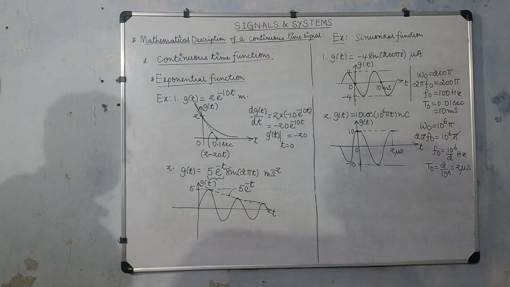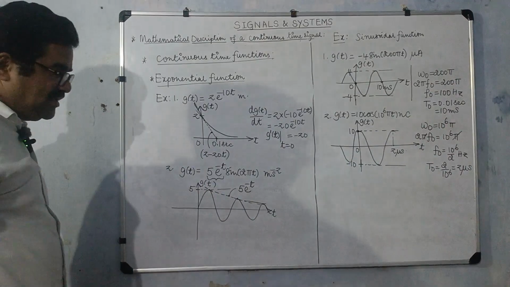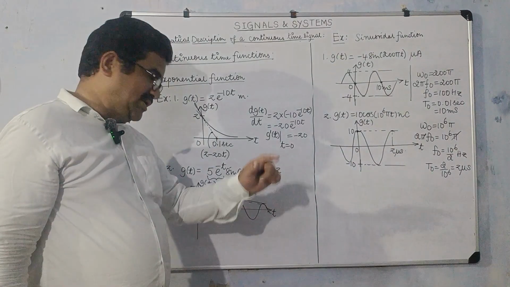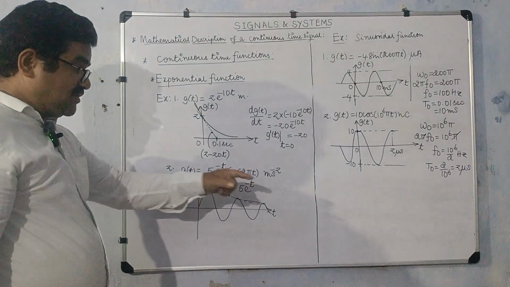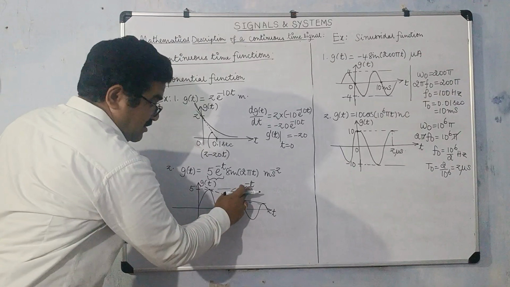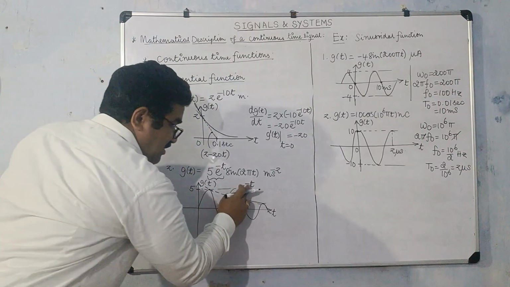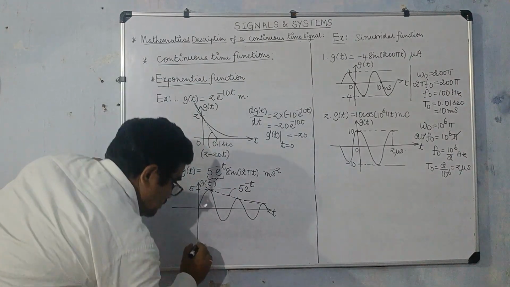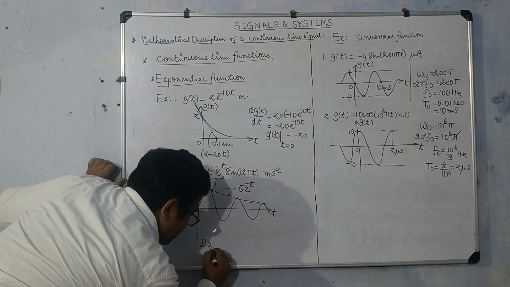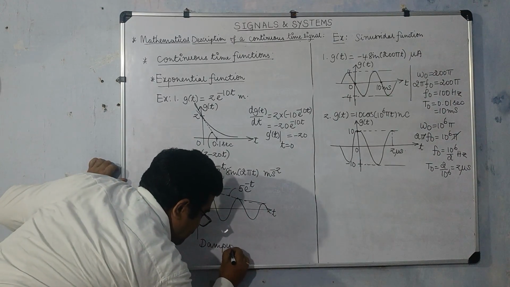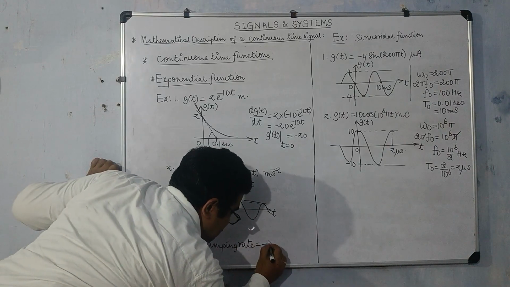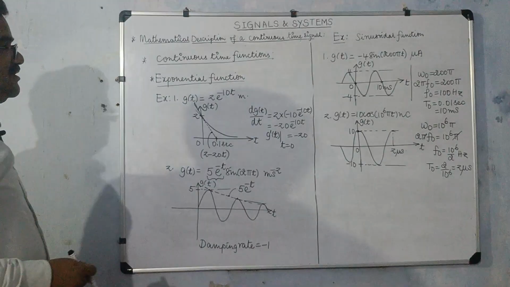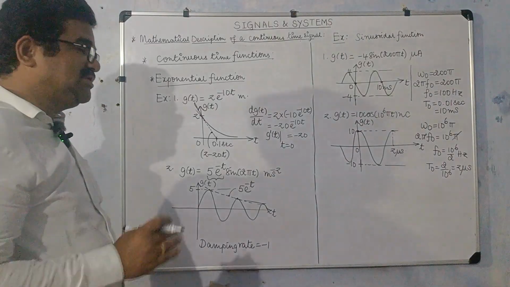So it is called damping. The amplitude of the sinusoidal signal is slowly decreasing exponentially, e power minus 1 into t. So what is my damping rate? Damping rate is minus 1. We have seen in the previous expression that it is minus sigma naught.